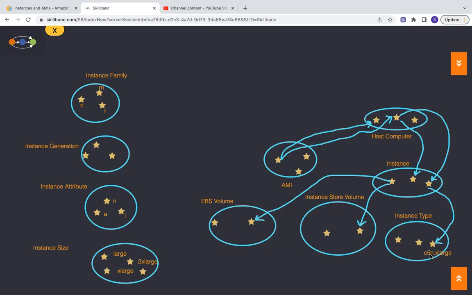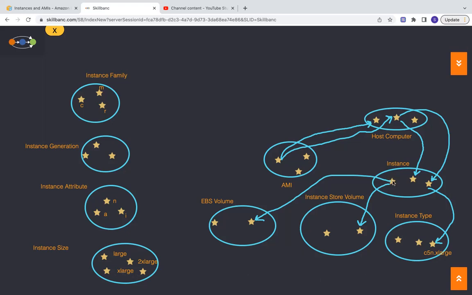That's one instance type, C5N extra large. C means compute instance family, 5 is the instance generation, the 5th generation, N is network optimized, and X is extra large, that's the instance size.